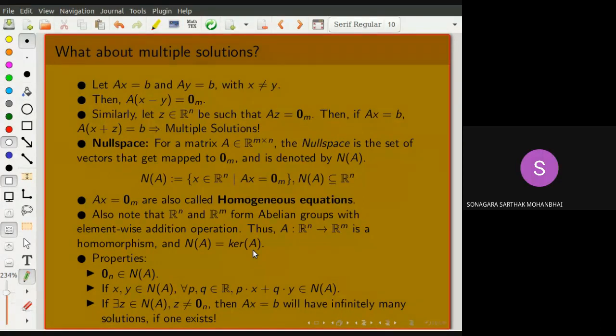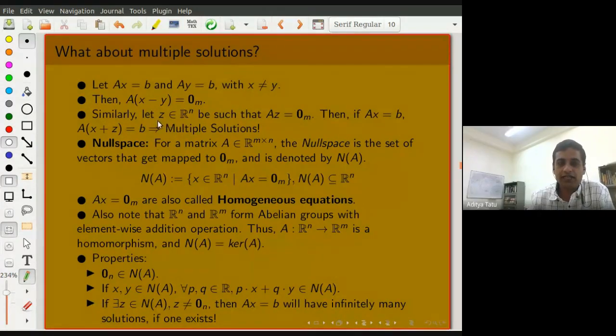Linear combination. Exactly. So for any vector z in the null space, you can make a new solution, x plus z. If z is in the null space, so is 10 times z. So is square root 2 times z, right?